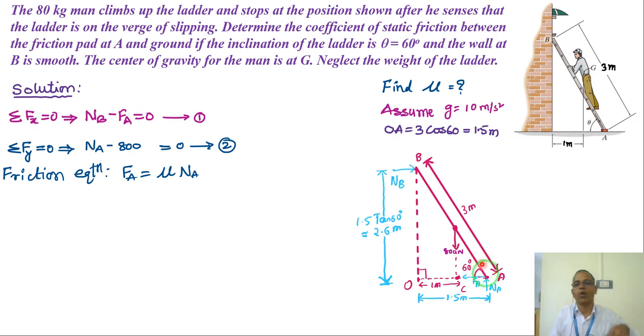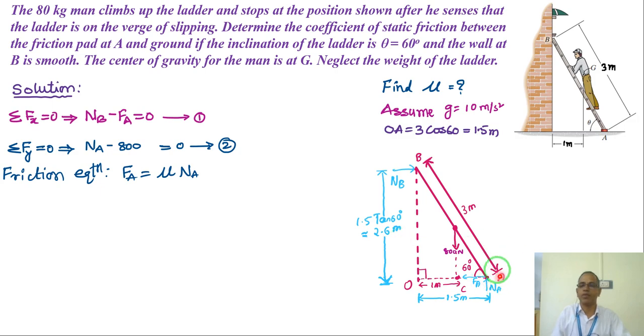Right? Now, we also have a friction equation, which is FA is nothing but mu times NA. So I have to find out the mu. NA is known to me, 800, so FA I can find out. Okay, and fine. So one more equation I have to use, summation M equal to 0.